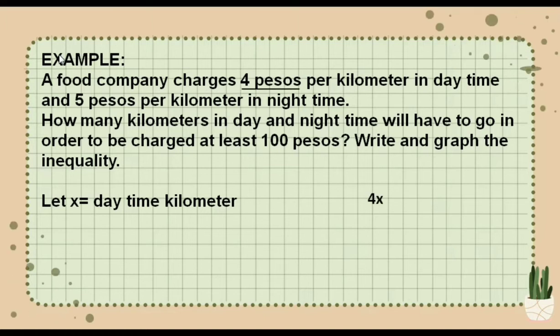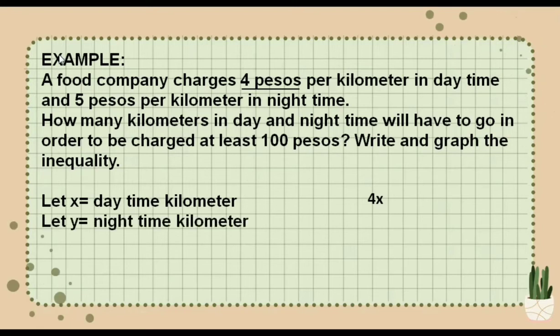And for the y variable, let y be the nighttime kilometers, and because the charge for the nighttime kilometer is 5 pesos, we will have 5y. How many kilometers in day and nighttime will you have to go in order to be charged at least 100 pesos? So in this statement, we are just going to add the x and y variables.